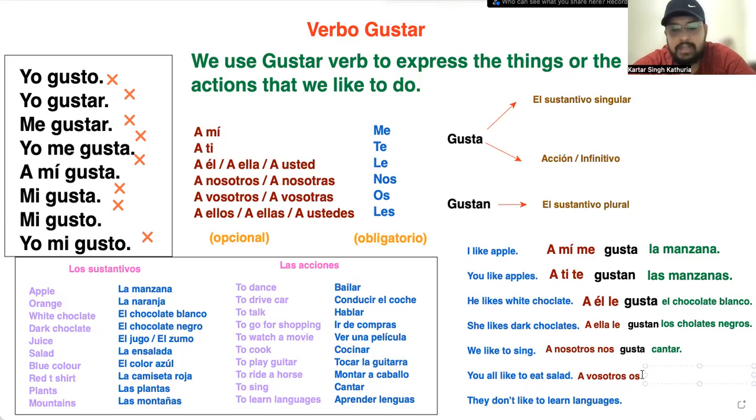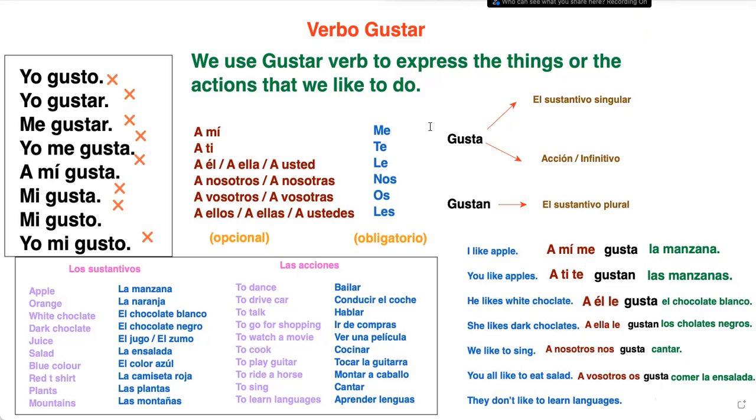I will use gusta. A vosotros os gusta comer la ensalada. You all like to eat salad. So no doubt we have an object that is singular, but we will not focus on that. We will focus on the action because it is coming first.